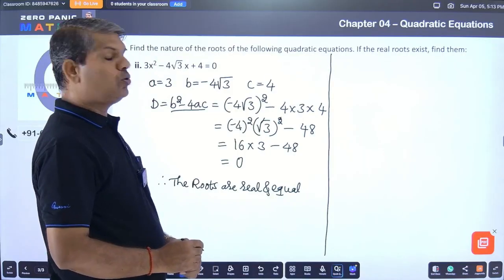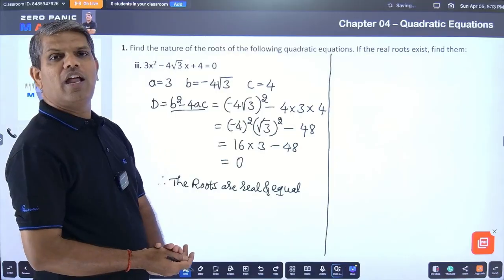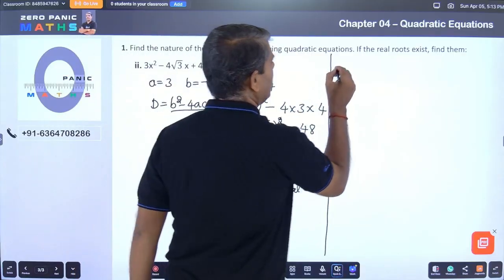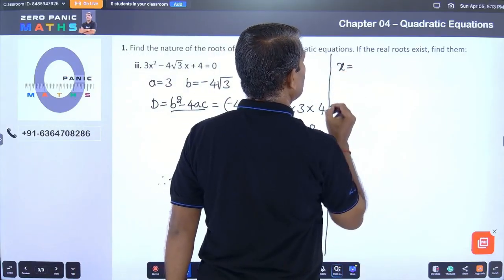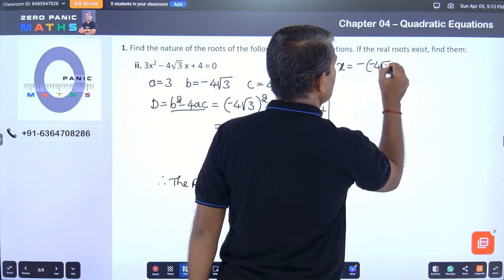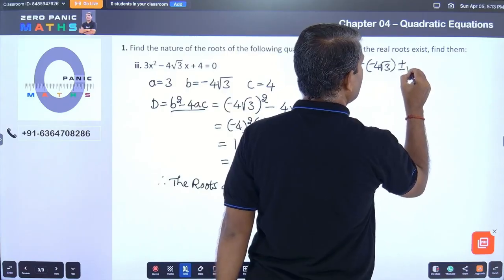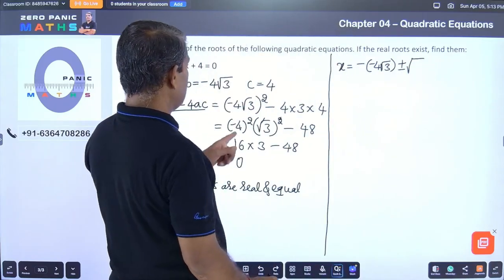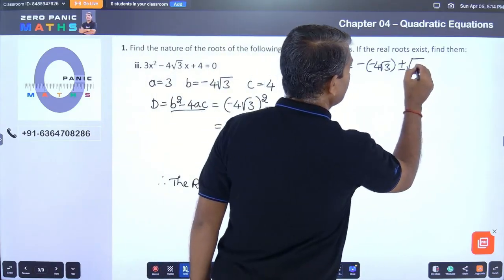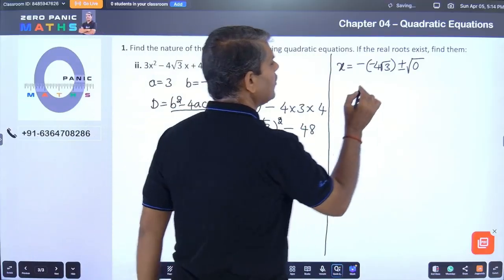The second part is to put the same values of a, b, c into the formula for the roots of the quadratic equation. What is that formula? x is equal to minus b plus or minus square root of the discriminant. Minus b is minus of minus 4 square root of 3. The discriminant value we already derived in the first part, so it is square root of 0, and you don't have to worry about that part.